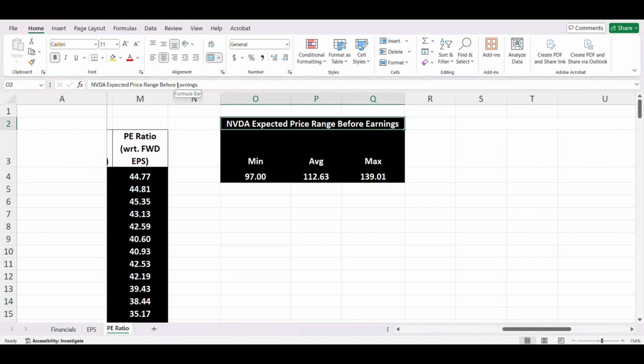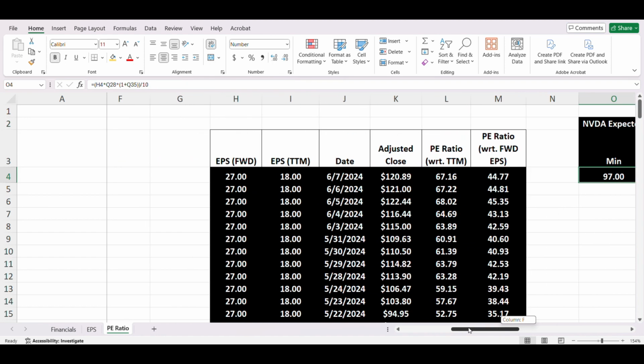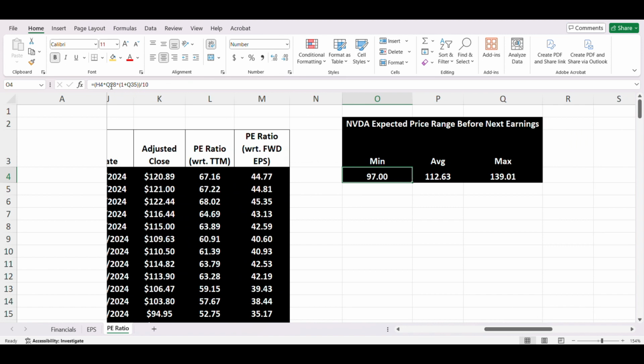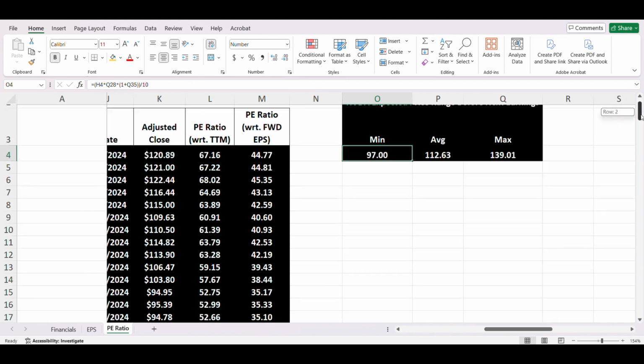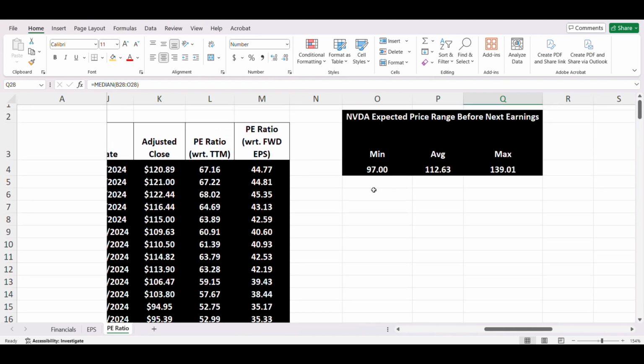Let me correct that. So now it looks better: before the next earnings. For the minimum stock price, I used the forward EPS, the first factor, that is H4, and then Q28, the second factor, and that is the median forward PE for the last 12 quarters. And the third factor is the earning surprise.